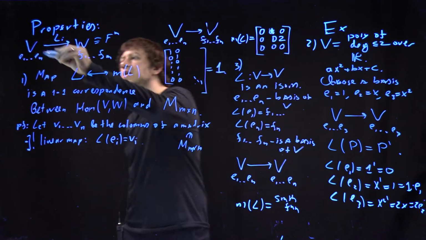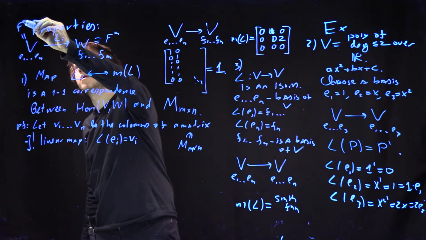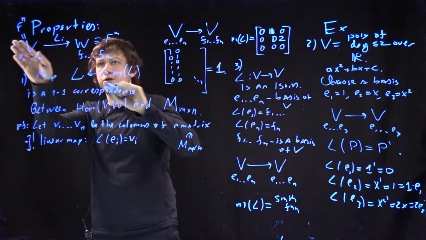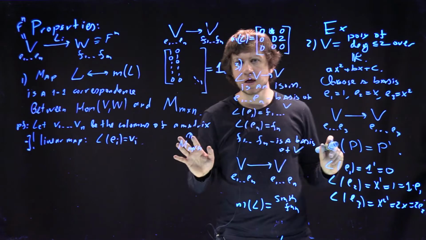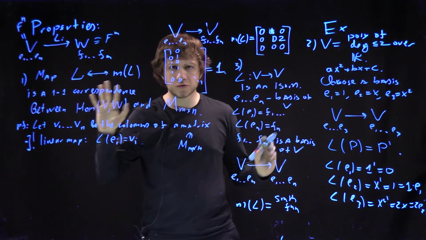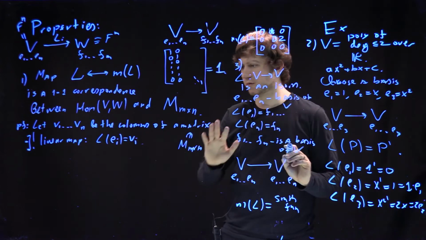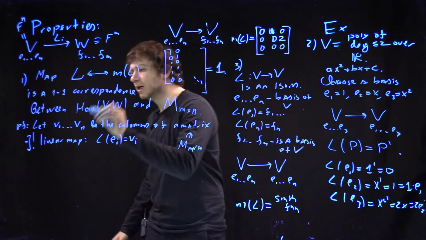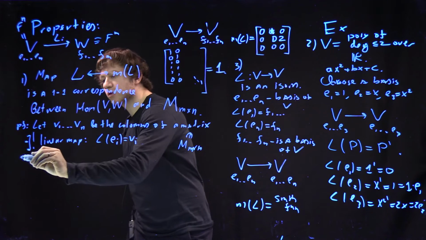If you think of linear maps from F^n to F^m, then indeed they are the same as matrices. But if your vector spaces are abstract, it depends on these choices, and so the story becomes much more interesting, which you will see later on. But anyway, that's a one-to-one correspondence.